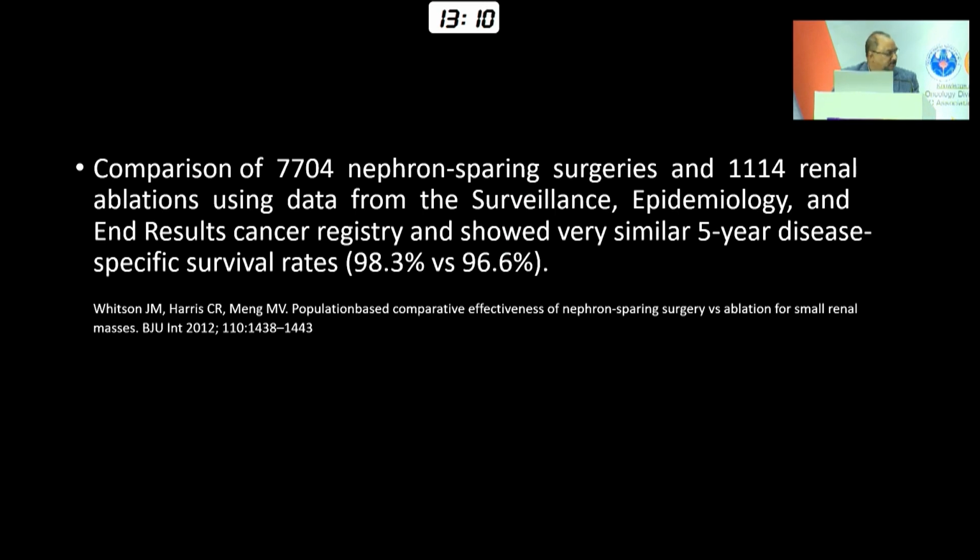This is another very strong supportive evidence, published in the British Journal of Urology. It compares 7,704 nephron-sparing surgeries and 1,114 renal ablations, and they showed that the 5-year disease-free survival rates were comparable.